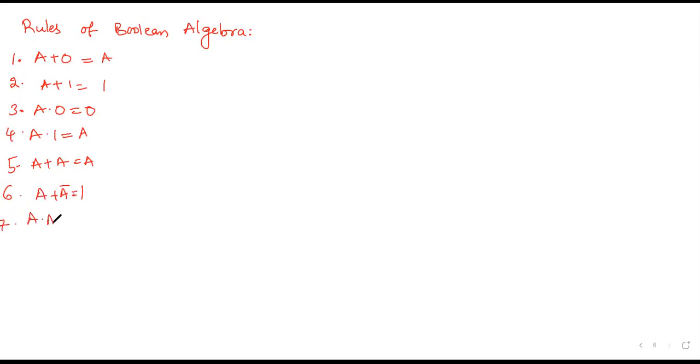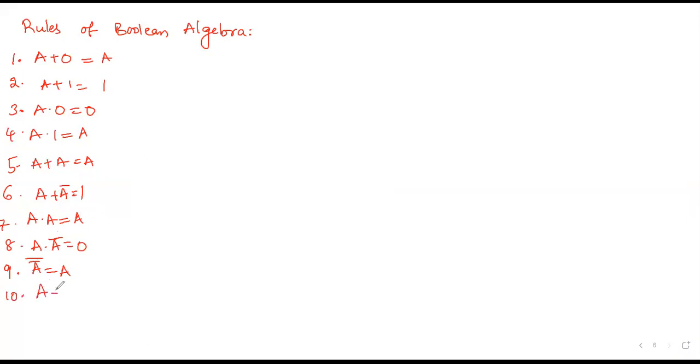A into A is equal to A. A into A bar is equal to 0. A double bar is equal to A, double complement.